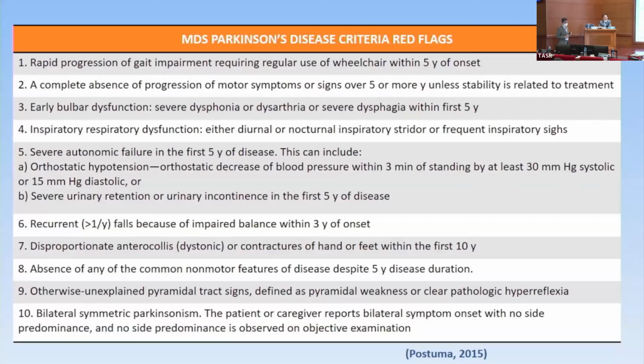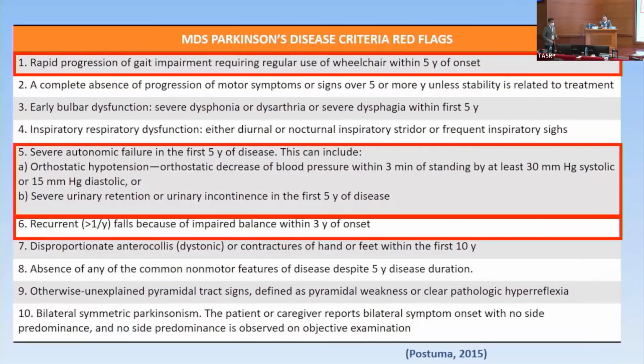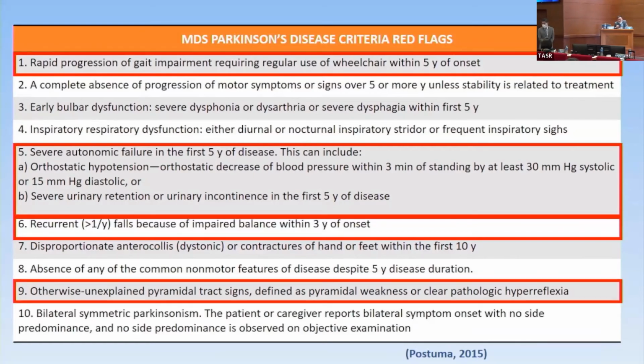As we have discussed, this patient had many red flags, including gait impairment, severe autonomic failure, recurrent falls, and unexplained pyramidal tract sign, hyperreflexia.